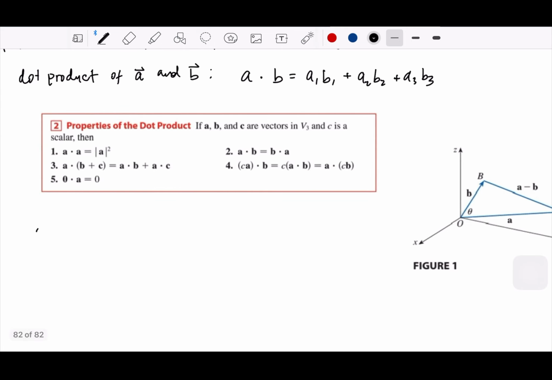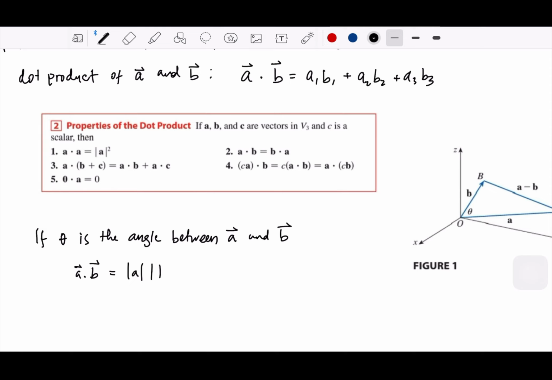So if theta is the angle between vectors A and B, then A dot B, or maybe let me write all with arrow, is the magnitude of A, magnitude of B, cosine theta.